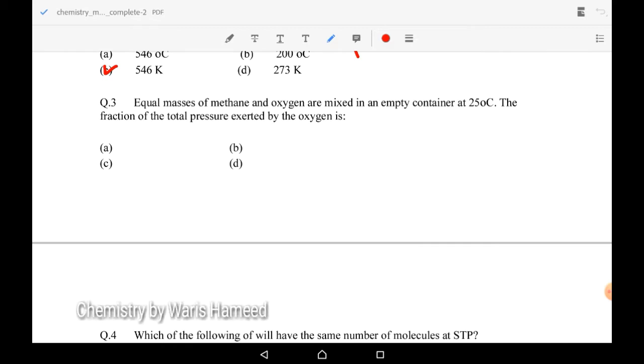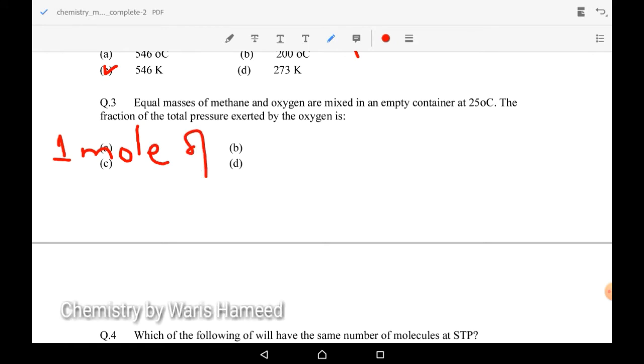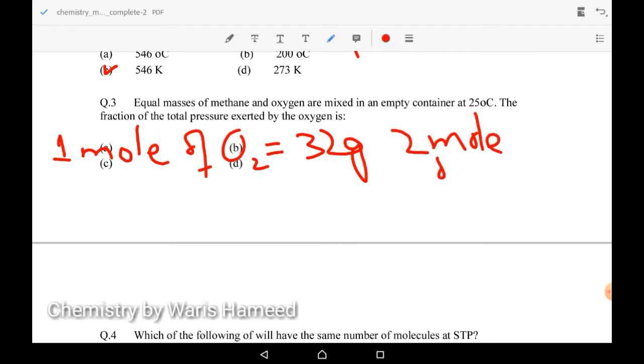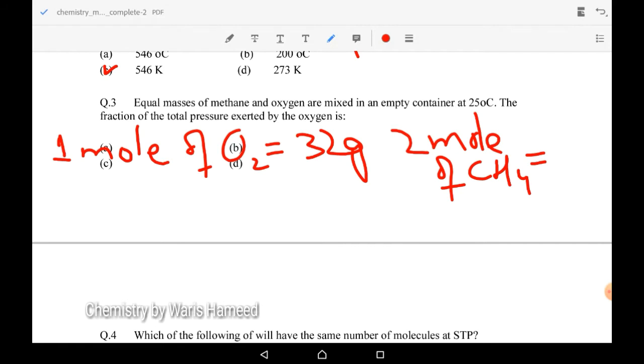Now I am going to take 1 mole of oxygen, that's 32 gram, and 2 moles of CH4, that is also 32 gram.